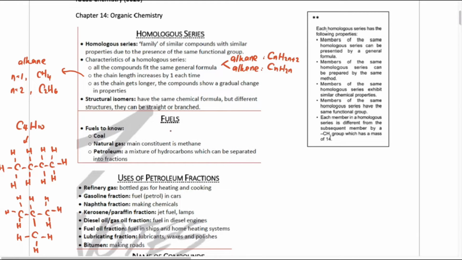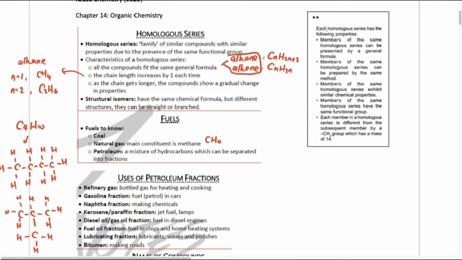Then we look at fuels. Fuels: we know coal, natural gas, petroleum. Natural gas is methane. Methane is CH4, the first member in alkane. Petroleum is a mixture of hydrocarbons. The hydrocarbons are actually the alkane and the alkene.